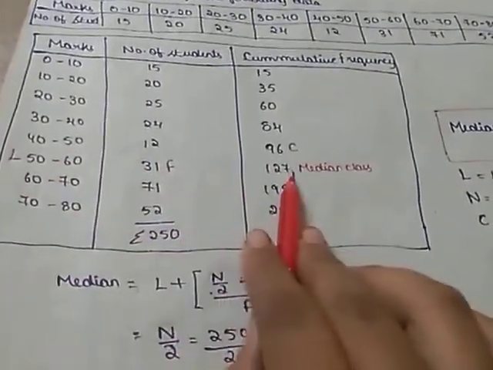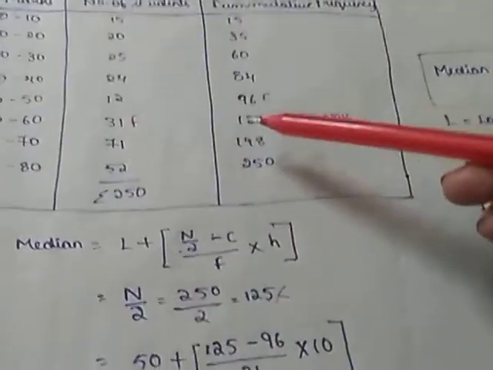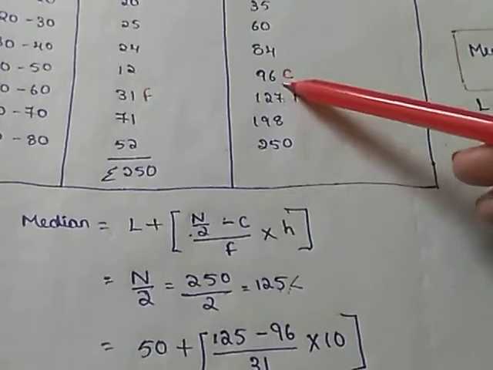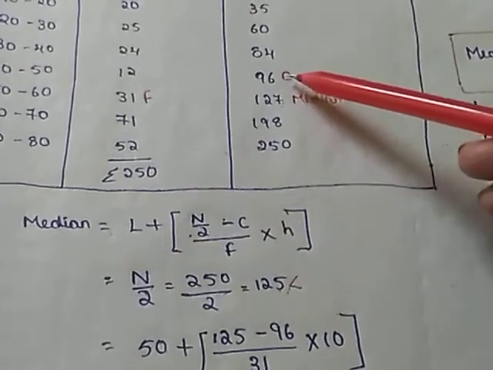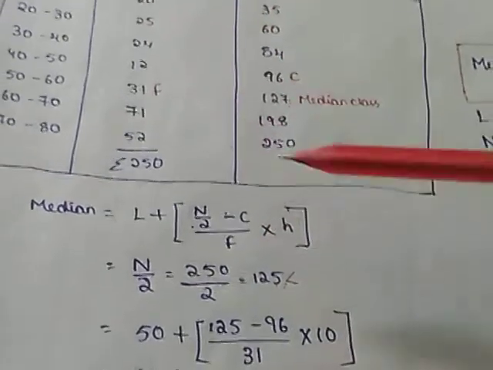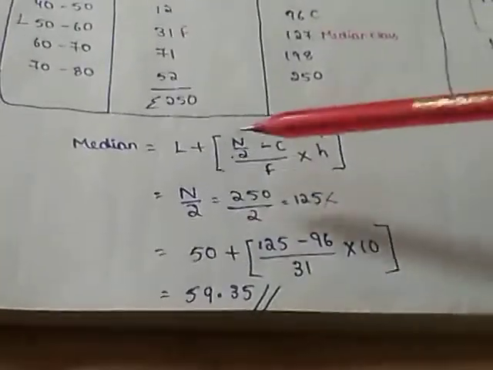The preceding number will be the cumulative frequency C. So we have to substitute the values in the formula. The first one is L, the lower limit.